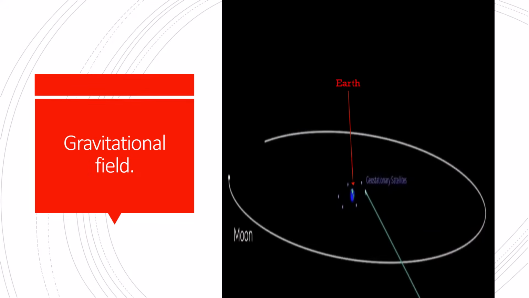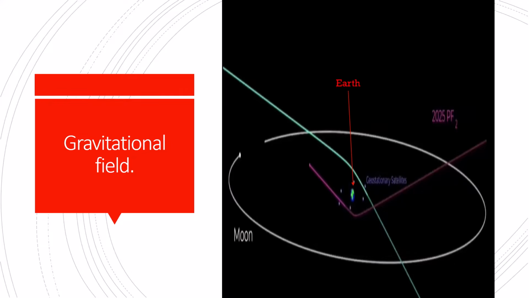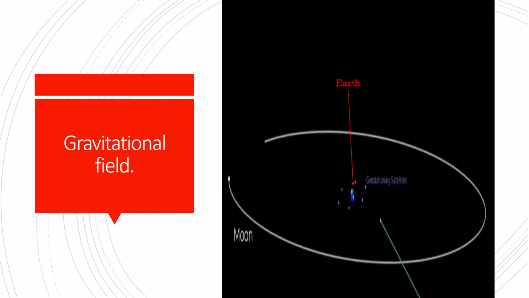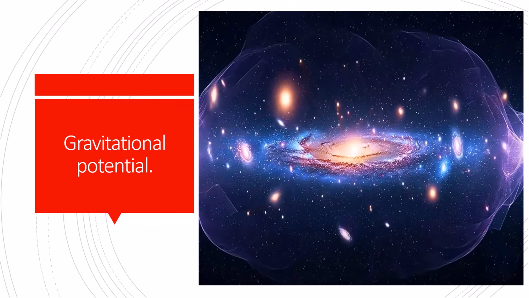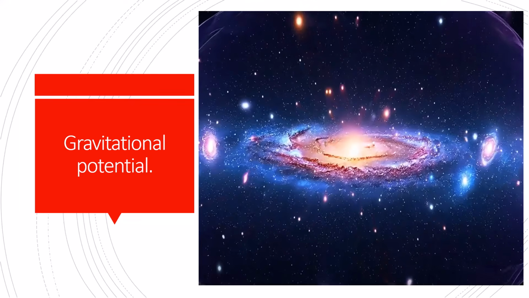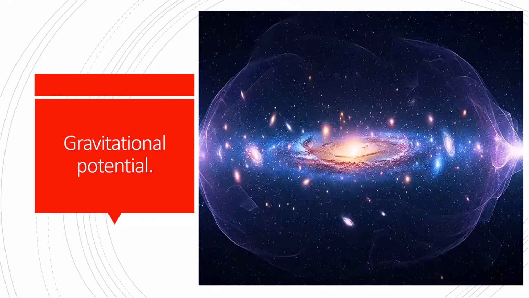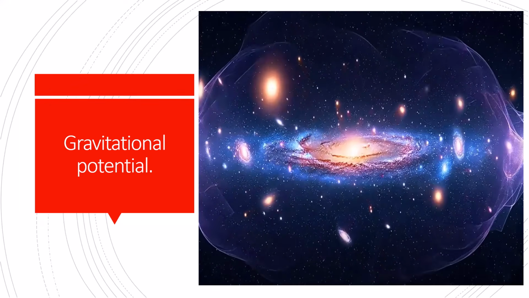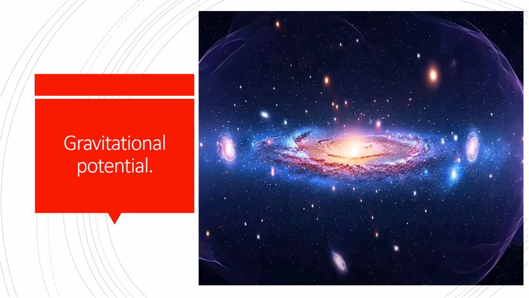Now how does an object experience a gravitational field when it passes through it? You see, when the comet comes close to the earth, it changes its trajectory due to earth's gravitational field. And we see in the universe, every body, every mass present experiences the gravitational potential of everyone.